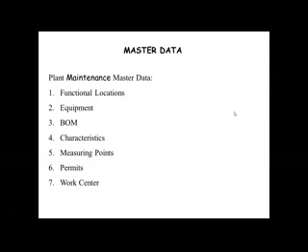Yeah, and measuring point is basically this: if we are measuring some readings, let us say we have a generator, we might be measuring the pressure, hours or voltage, current. All these things we are measuring from the equipment. Those are nothing but a measuring point. In SAP we create a measuring point. Based on the measuring point, a measuring document will be created.